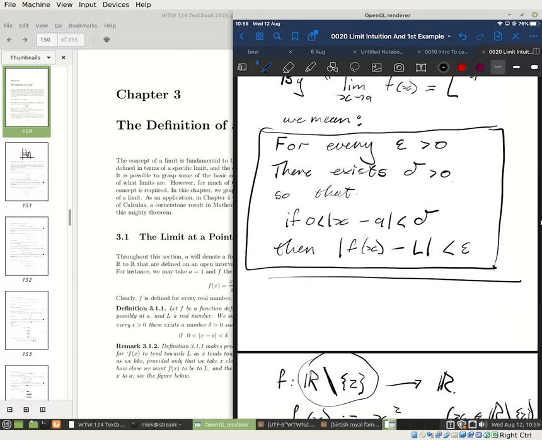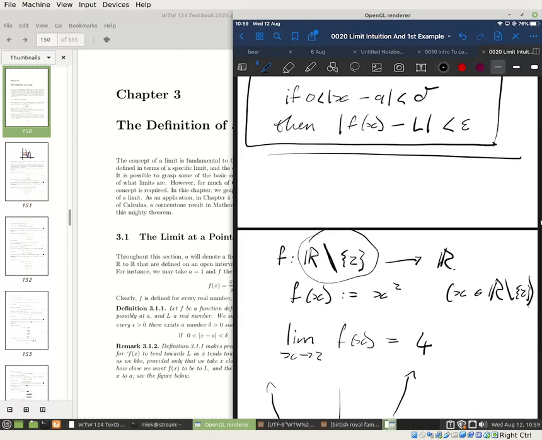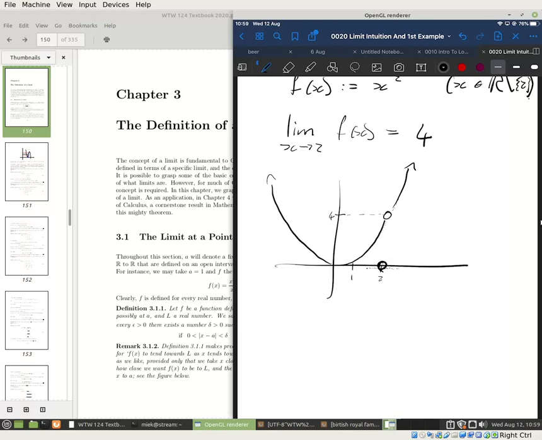For every epsilon there exists a delta, so that if x minus a in absolute value is less than delta but greater than 0, then f of x minus L is less than epsilon. So let's get an intuitive grasp on what that means.